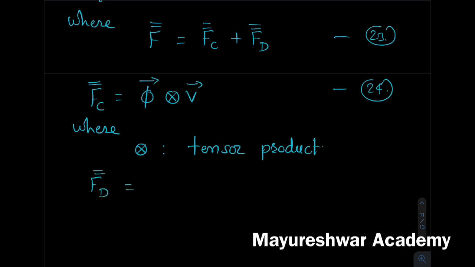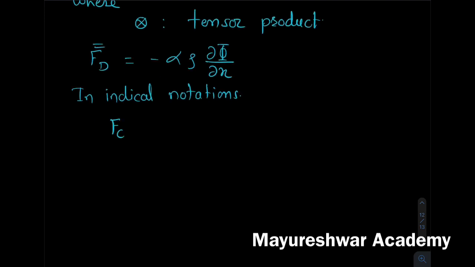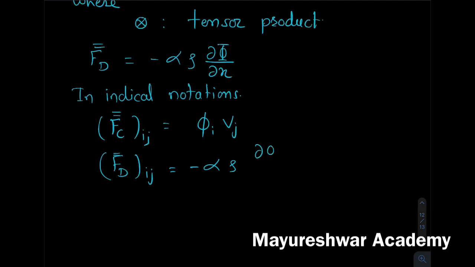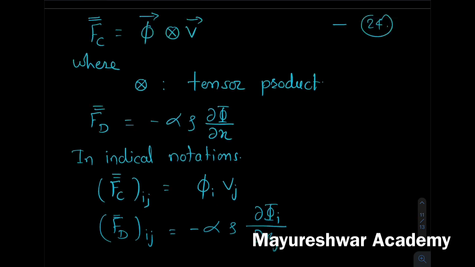And similarly, diffusive flux can also be written as negative alpha rho d phi bar over dx. Now this gradient will be a tensorial term. In indical notation, which was introduced by Einstein, we can write Fc ij, which are indices, as phi i and Vj. Similarly, diffusive flux ij can be written as negative alpha partial phi i over partial xj.